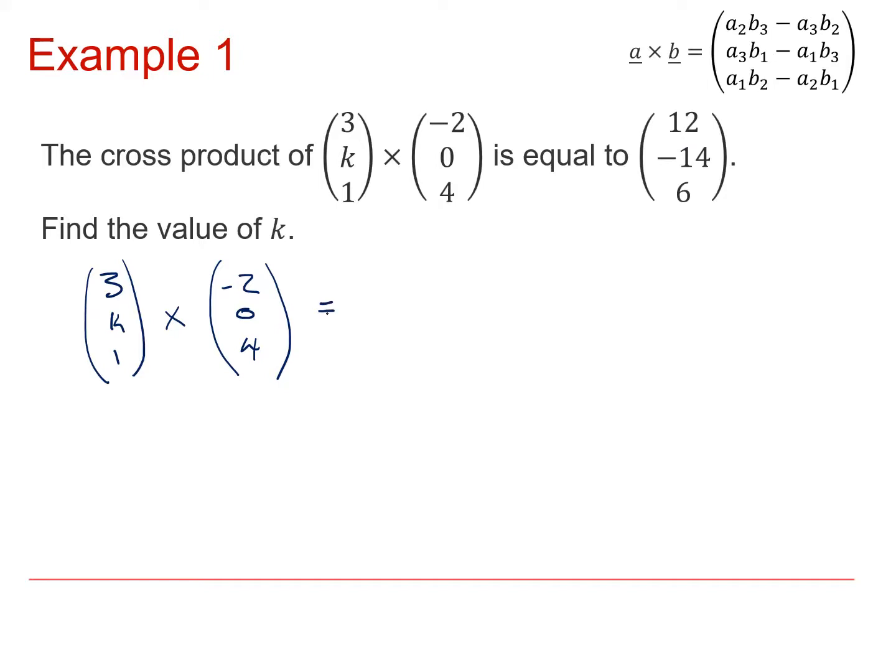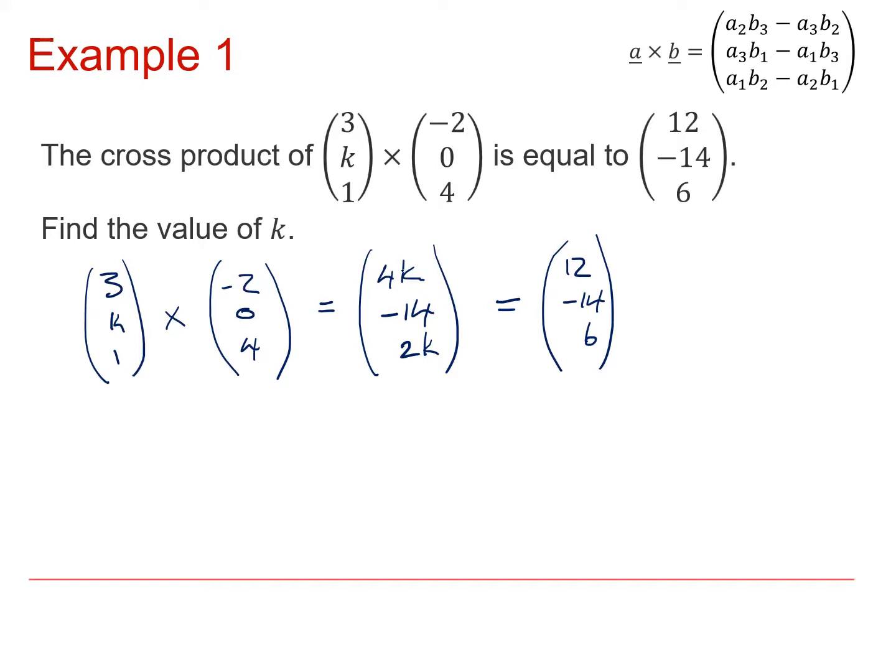If I start to do the cross product, I'm going to get 4k minus nothing, so I'll get 4k for the top. I'll get minus 2 take away 12, so I'll get minus 14 for the middle. And for the bottom one, I'm going to get nothing take away minus 2k, so I'll get 2k. And as I said, I know that that is 12, minus 14, 6.